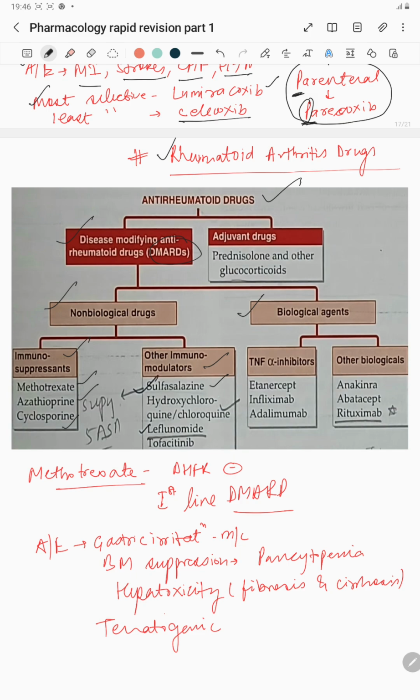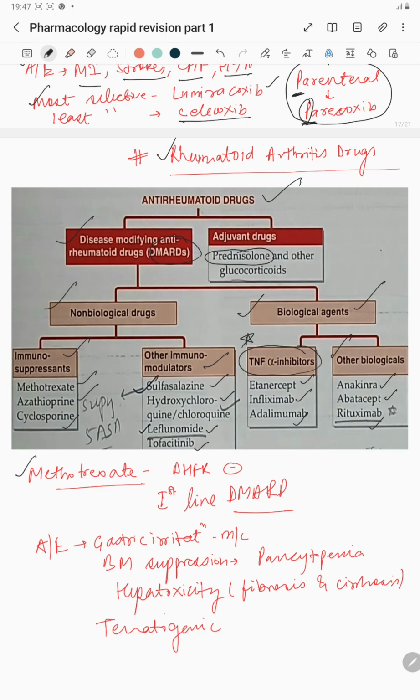Other drugs include sulfasalazine, hydroxychloroquine, leflunomide or tofacitinib. Biological agents include TNF alpha inhibitors, the most important, which include etanercept, infliximab and adalimumab. Other agents are anakinra, abatacept and rituximab. Adjuvant drugs include steroids like prednisolone.